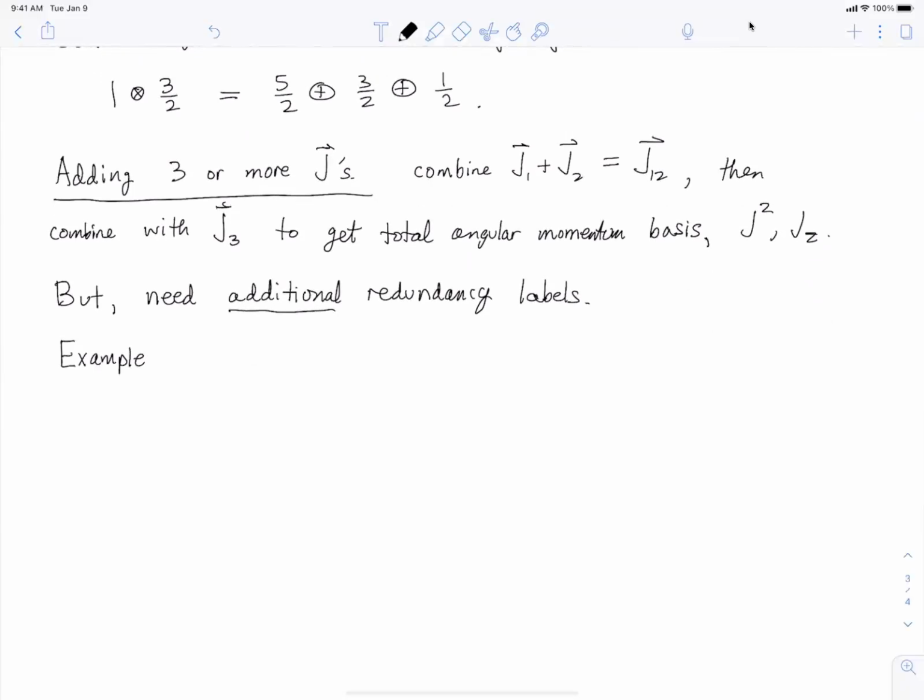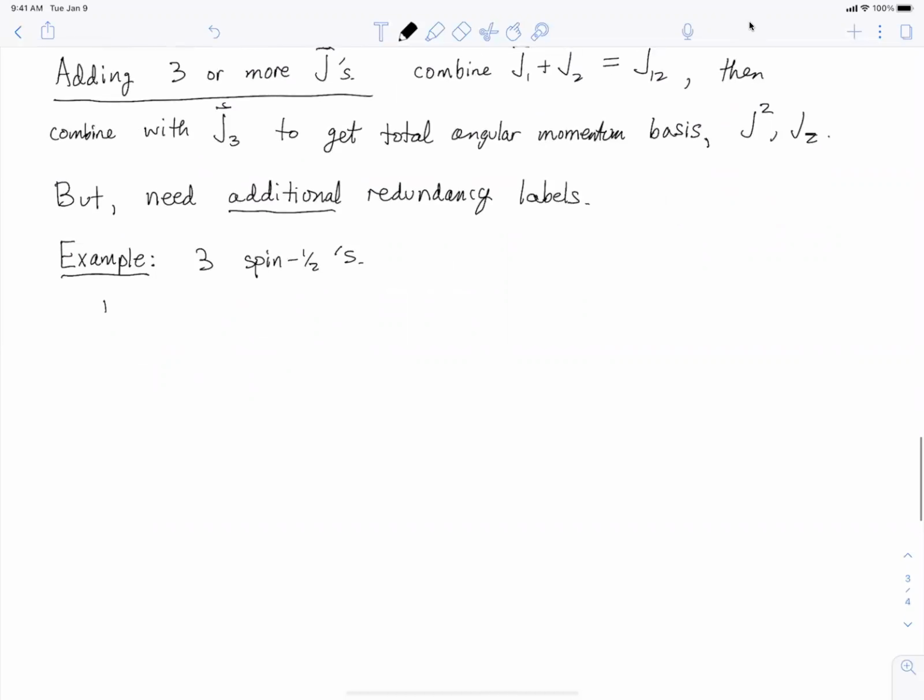So one example that you can do is, what if you have 3 spin 1/2? Okay, an example of that would be in the lithium atom, for example. So if we take the tensor product of 3 spin 1/2, I can think of that as first taking the tensor product of the first two, which gives me a 1 plus 0.